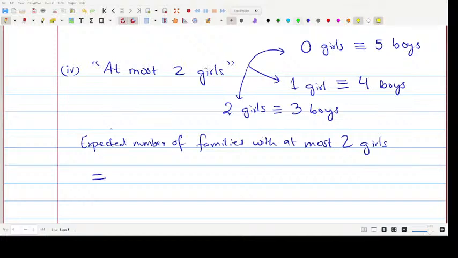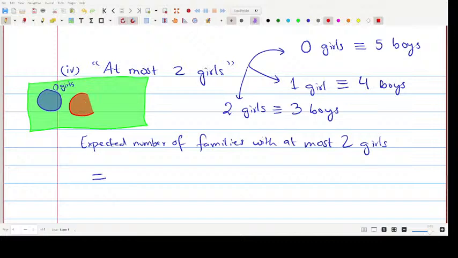So just for the sake of your memory, I am going to draw this Venn diagram. We have been learning Venn diagrams since the first module, so you're pretty comfortable with the concept, right? So this is, let's say, the event of zero girls. The event of one girl is yet another set.